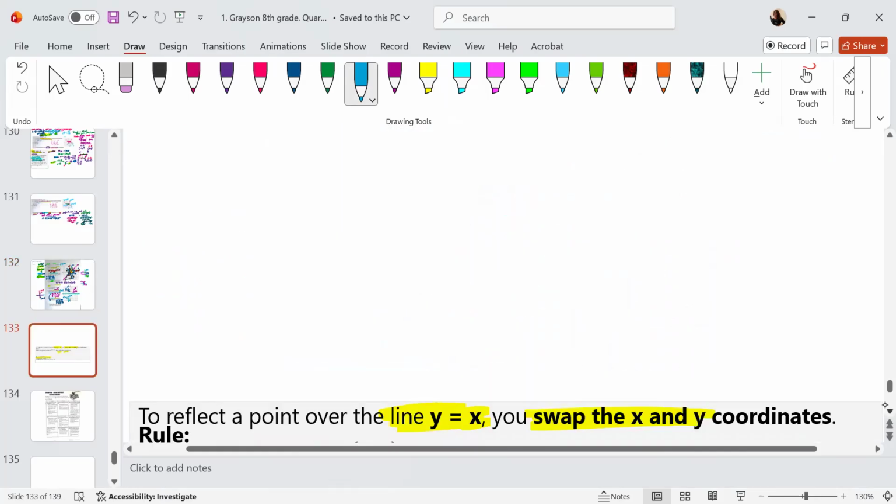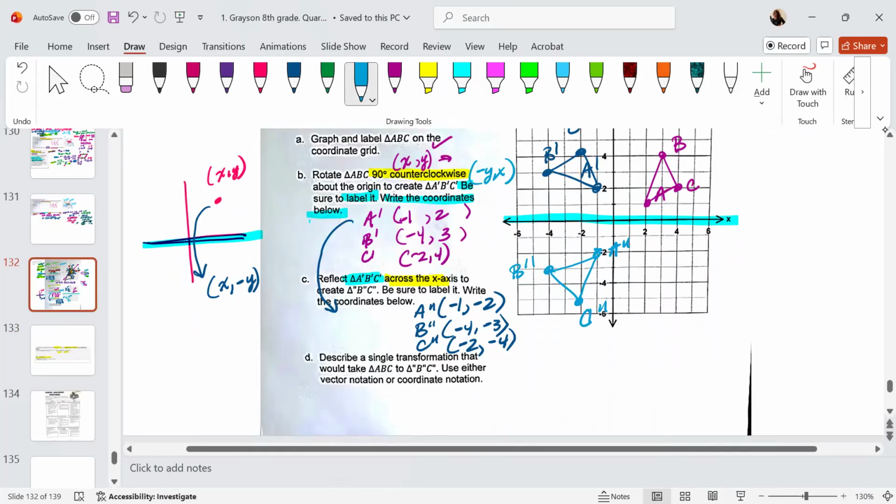Describe a single transformation that would take ABC to A double prime, B double prime, C double prime. Use either vector notation or coordinate notation. Okay. What do you do? I find the distance between ABC and A double prime, B double prime, C double prime.